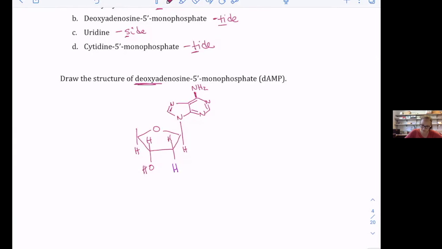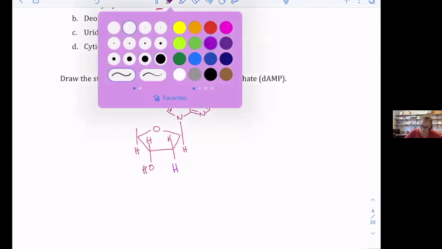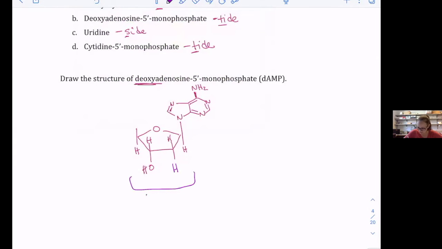So we'll go ahead and label these things. Here we have our deoxyribose. Up here we have our adenine. And it says 5' monophosphate. So we do have that phosphate on there for the nucleotide.